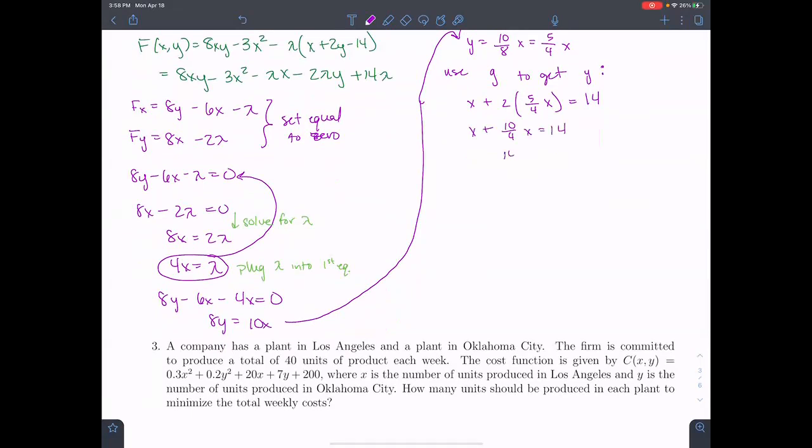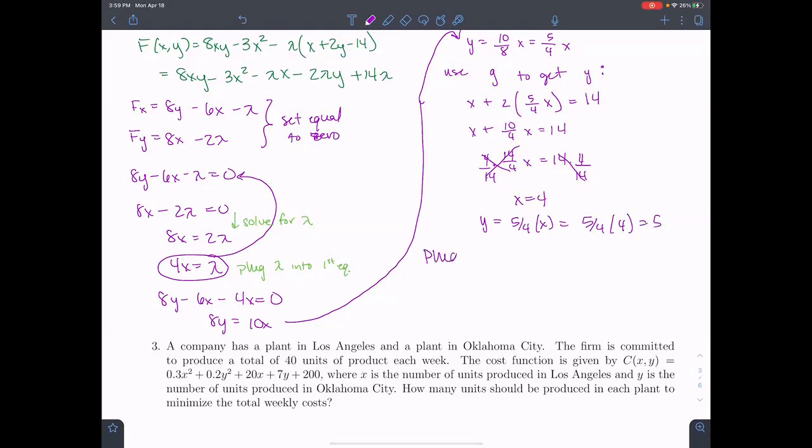That's 14/4 x equals 14. Multiply both sides by 4 over 14. So we have x equals 4. And then if y is 5/4 x, we're looking at 5/4 times 4, so 5.